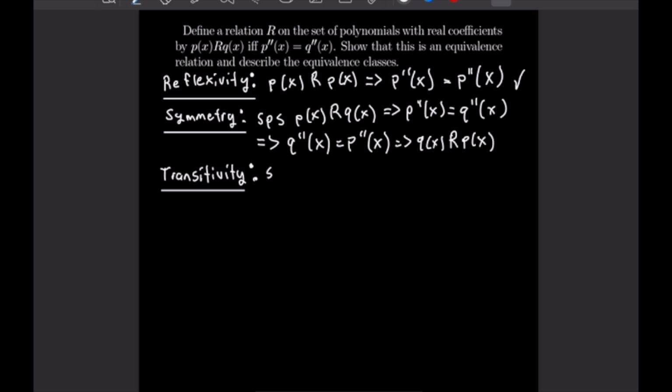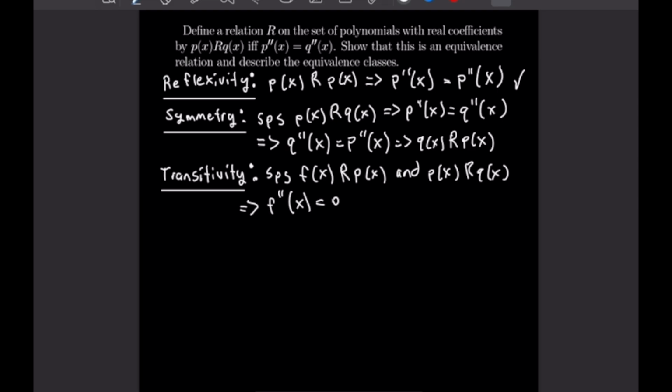For transitivity, we're going to suppose that we have the following relationships. We have f(x) is related to P(x), and P(x) is related to Q(x). Then that means we have the following relationships. We have that f''(x) is equal to P''(x), and P''(x) is equal to Q''(x).